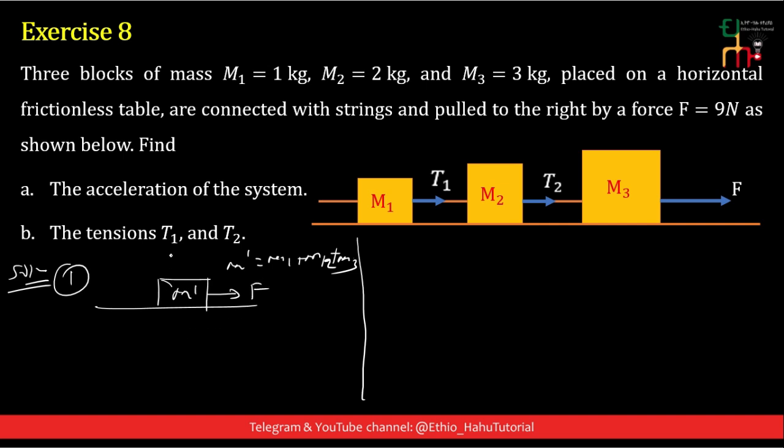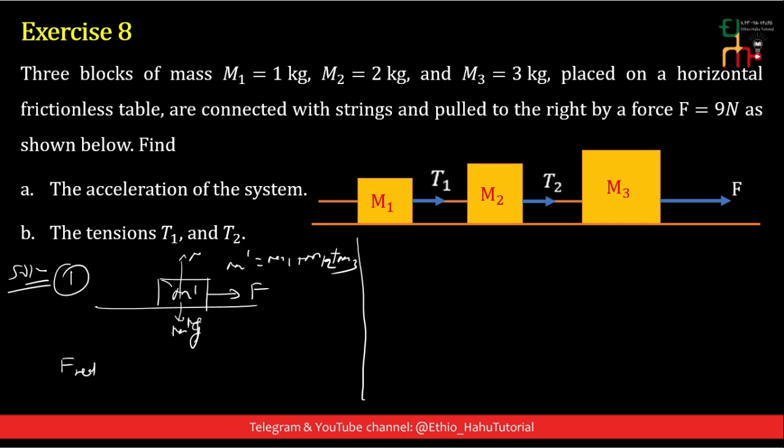There are 3 forces acting on this system. One is the normal force, the other is the gravitational force, M prime times g. The third one is F. Normal force and gravitational force are balanced. The only net force acting on the system is F.